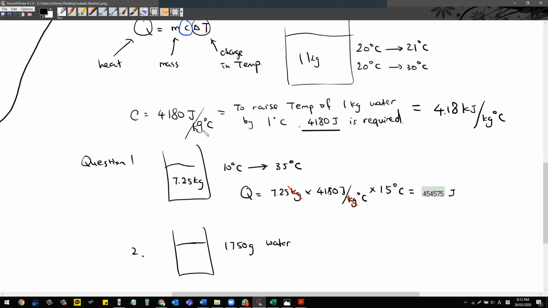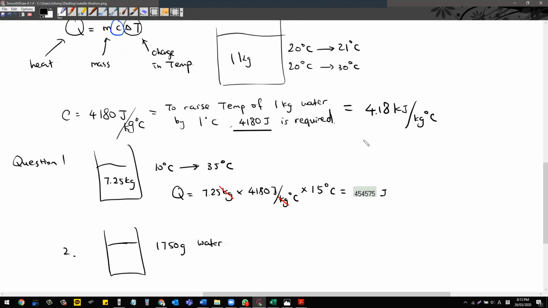So 4,180 joules per kilogram, or you can also have joules per gram Celsius. In that case, it'll be 4.18 as well. If it's joules per gram, 4.18. If it's kilojoules per kilogram, where the two match and there's no kilo, then it's 4.18. But when it's a kilogram down here, when you convert that into joules, that's 4,180 joules over 1 kilogram. So that's how you do it.